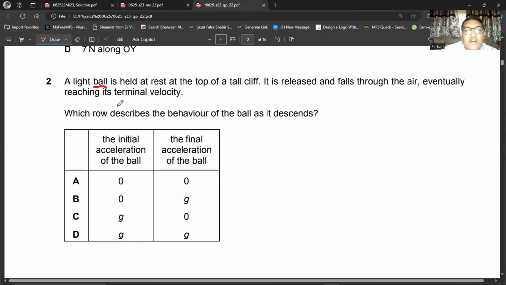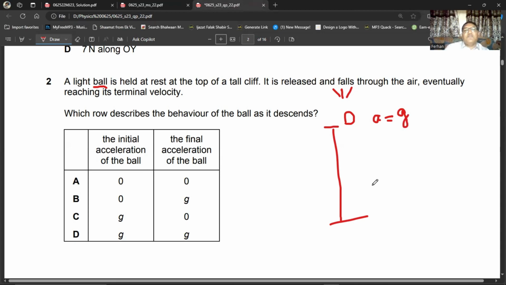Which row describes the behavior of the ball as it descends? The initial acceleration of the ball: suppose the ball is released from here and starts falling. Here the acceleration will be maximum, and that acceleration will be equal to g, which is 9.8.